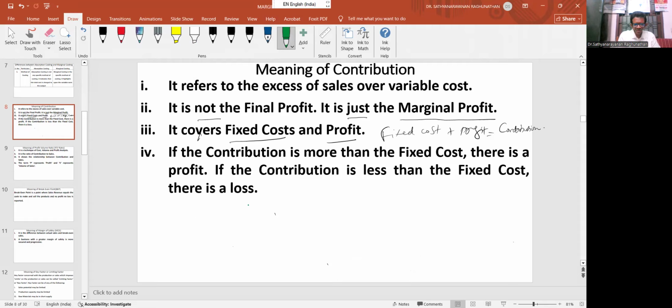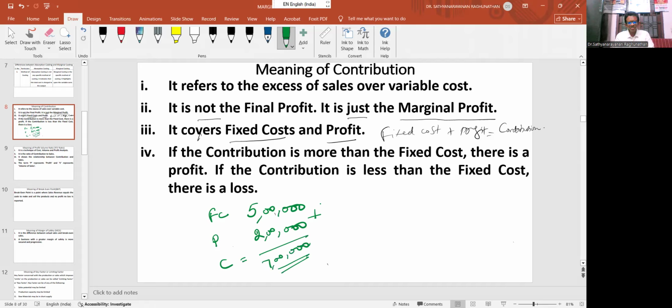Let the fixed cost be 5 lakhs and let the profit be 2 lakhs. 5 lakhs plus 2 lakhs is equal to 7 lakhs.